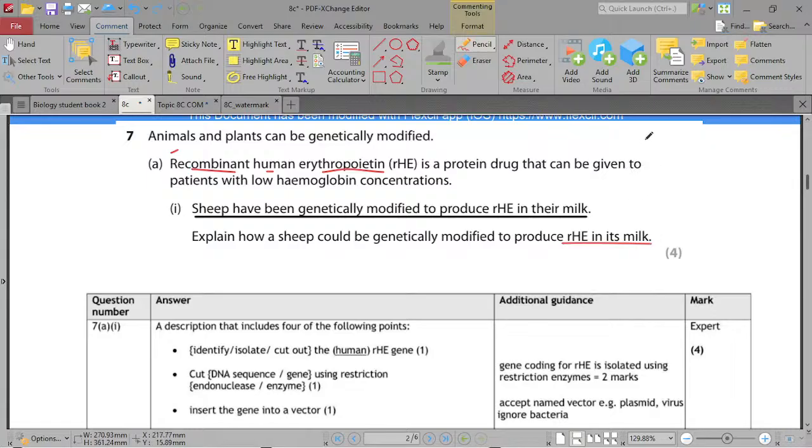Okay, so now, where do we originally get the gene from for RHE? From humans?